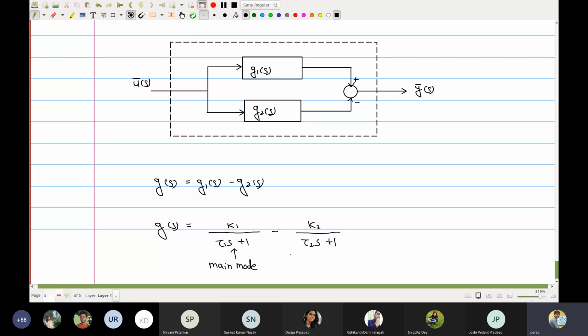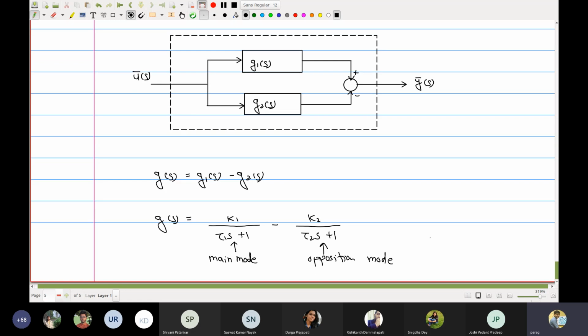But the other one, which has a negative sign, is called the opposition mode, because it is opposing the usual dynamics of the system.